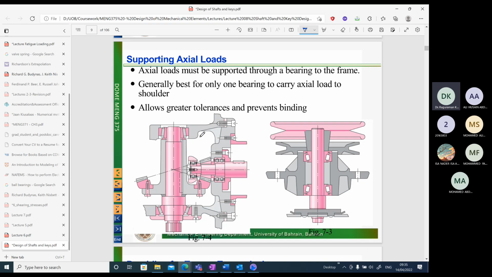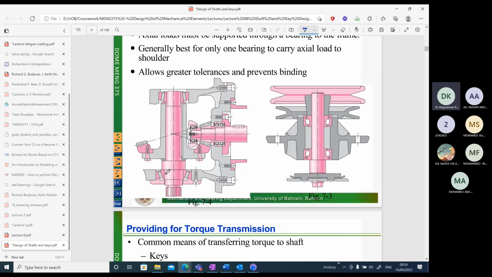Okay, so this is another example giving you a clear picture of how the shaft is supported. You can see here a stepped shaft, a vertical shaft, supported by taper roller bearings. These tapered roller bearings usually carry the radial load and axial load.